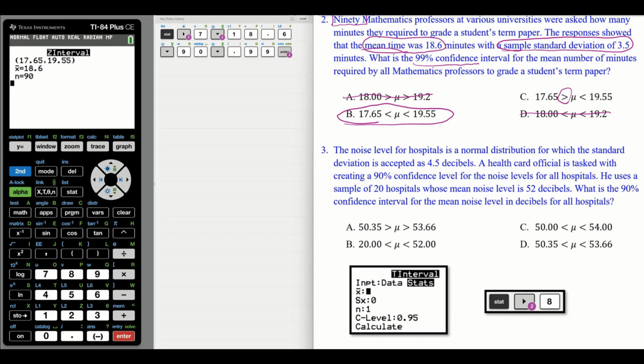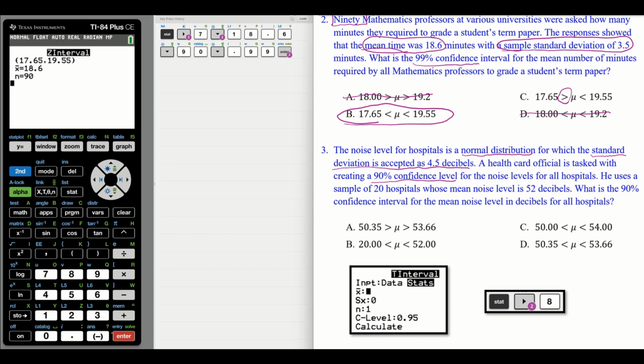The noise level for hospitals is a normal distribution for which the standard deviation is accepted as 4.5 decibels. A health card officer is tasked with creating a 90% confidence level for the noise levels for all hospitals.